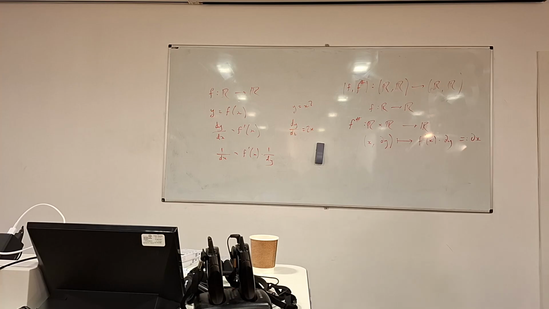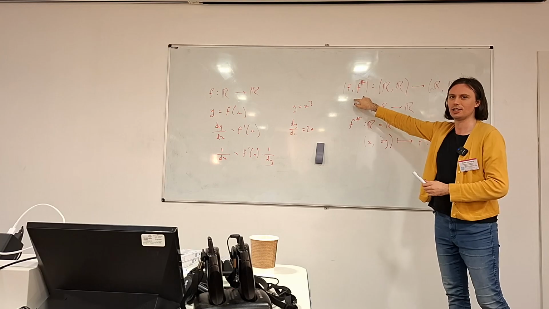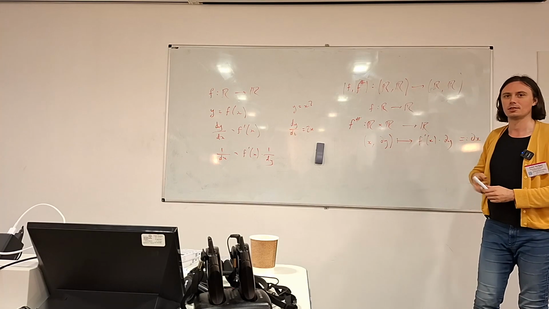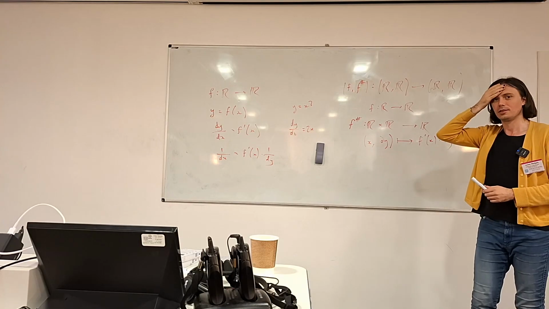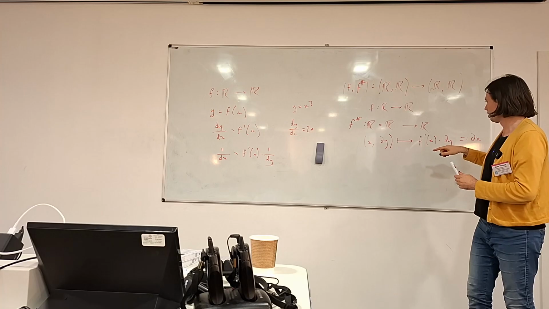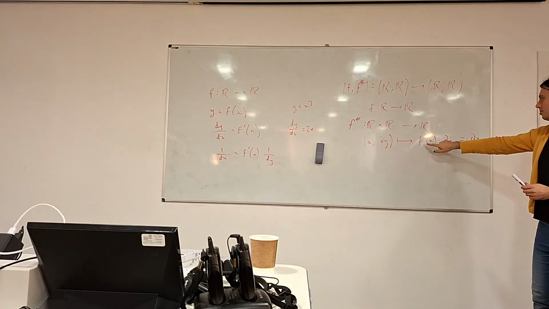Yeah. So I defined a lens to be a pair of functions. So this is its type as a lens, as a morphism in the category of lenses, but the data that defines it is a pair of functions. No, this one's f prime.